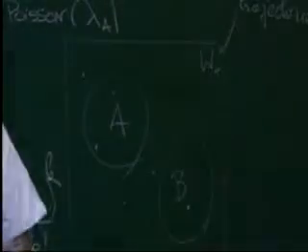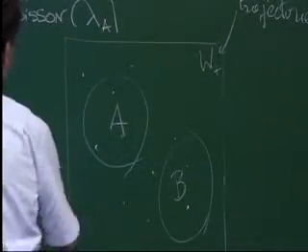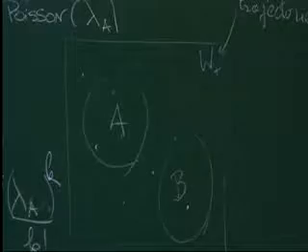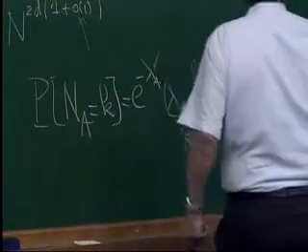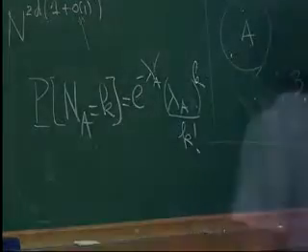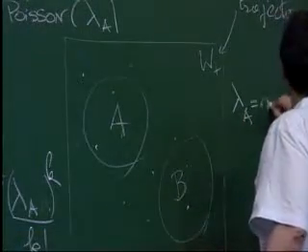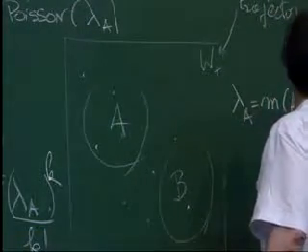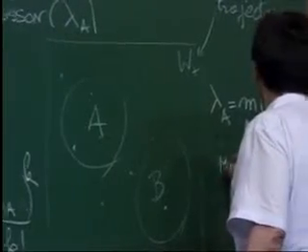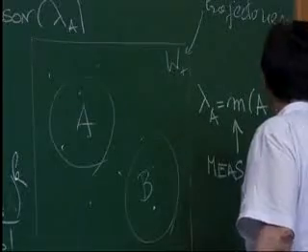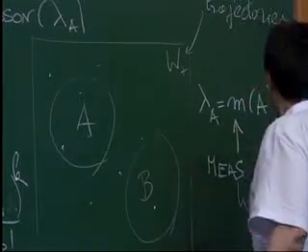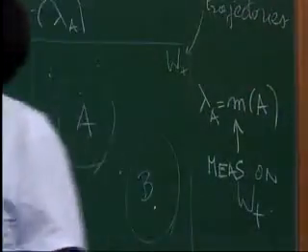Now, once you have that, the only thing that you need to know are these numbers lambda(A), for each region. And it turns out that they are described as lambda(A) is of the form M(A), where this is a measure, a sigma finite measure on this space of W plus.